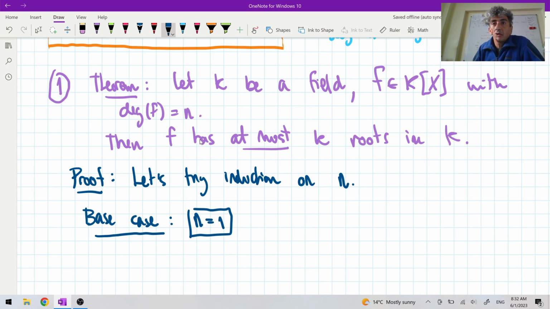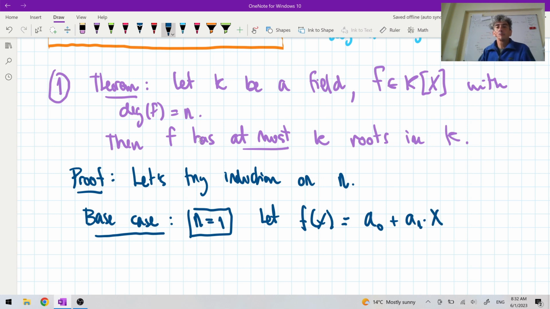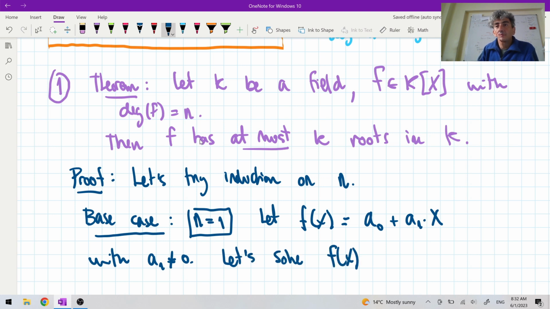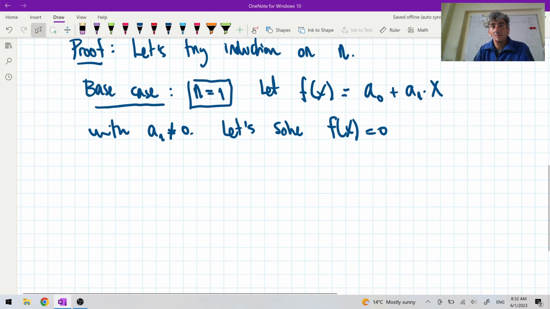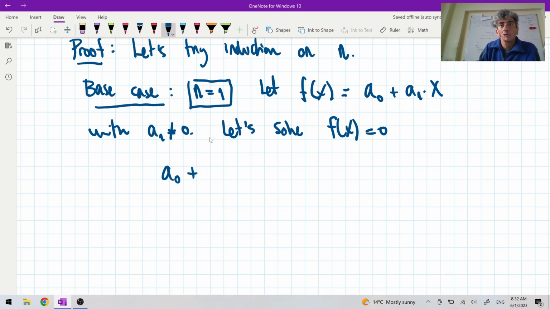So let f of x be a polynomial of degree 1, which is of this form, a0 plus a1 x, with obviously a1 not 0. Let's solve f of x equal to 0. How do we solve this? In this case, it is easy, because a0 plus a1 times x equal to 0.